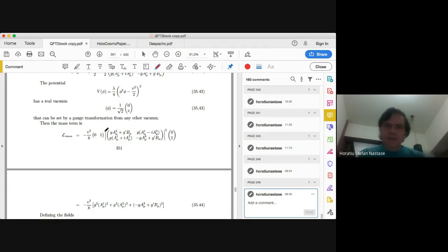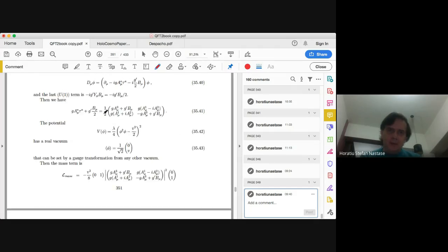Then the mass term is, in the same way as before, I have v squared over 2 from the phi squared, and then I just keep the matrix part, which is 0, 1 here and 0, 1. I have the common 1/2 from the derivative, which is squared now, so this gives minus v squared over 8.